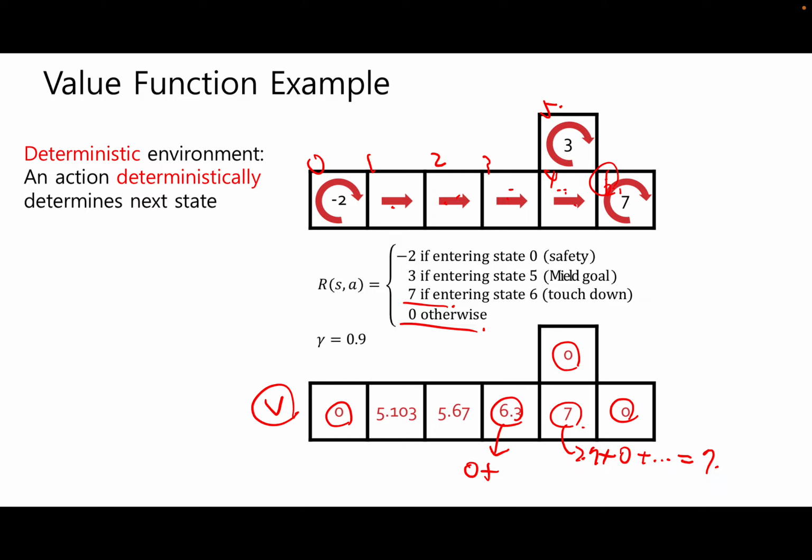State 4 has value 7, so we have 6.3. These ones are the same: entering these states gives 0 reward, but once we reach this one, we get reward 7, so 0.9 squared times 7, right? This one is also the same. This is easy, right? This is not difficult.